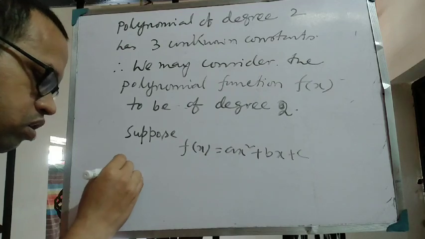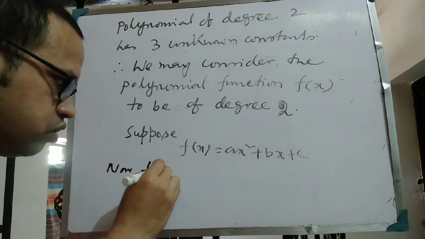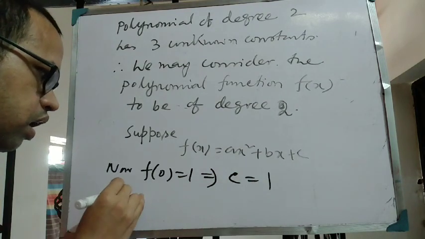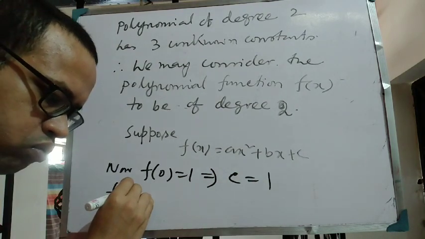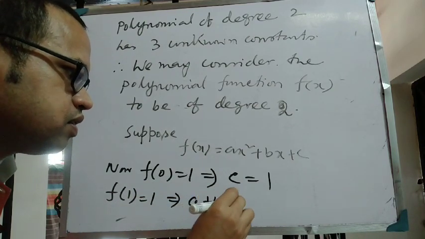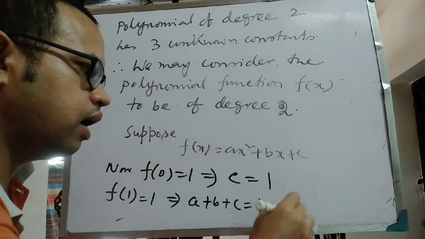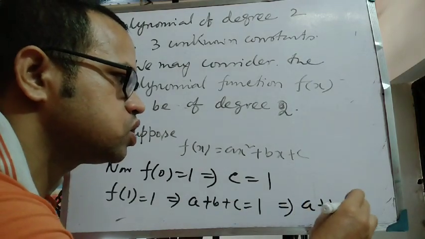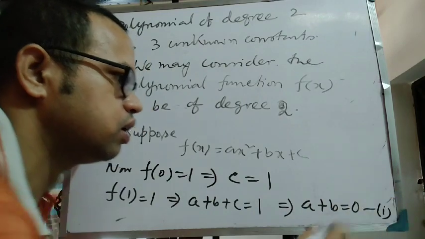Now f(0) equals 1 implies c equals 1. f(1) equals 1 gives you a plus b plus c equals 1, and since c equals 1, a plus b equals 0. This is equation number 1.